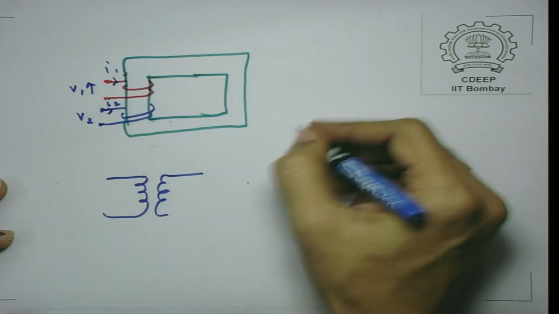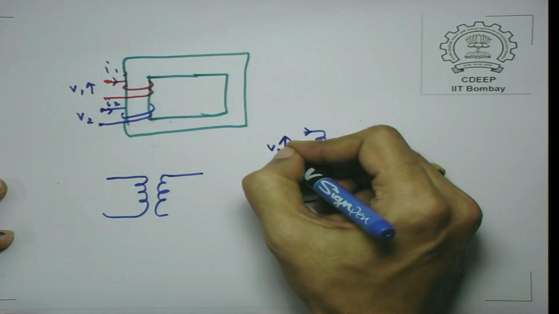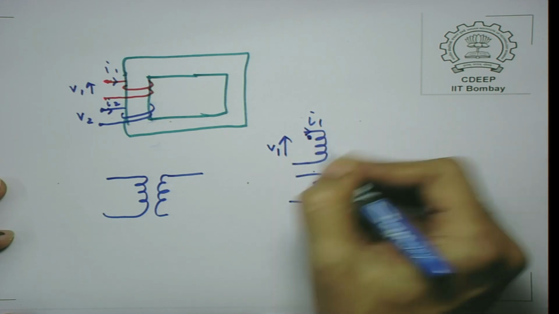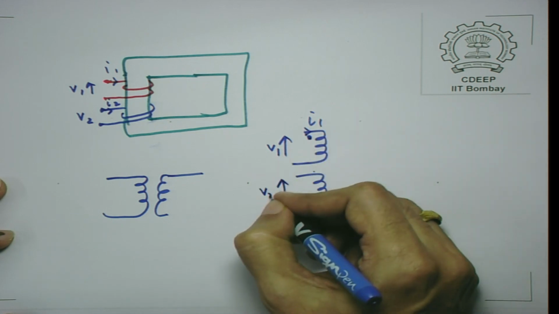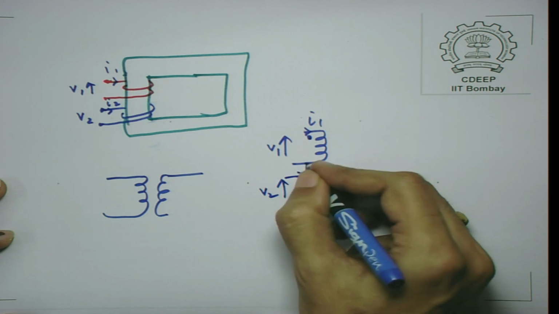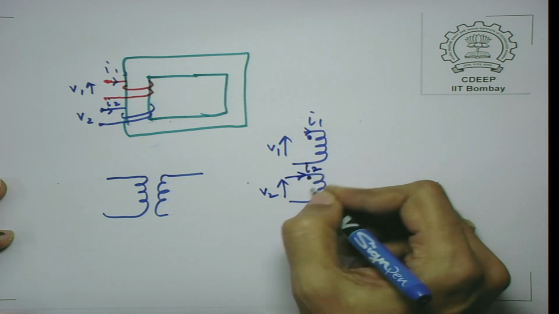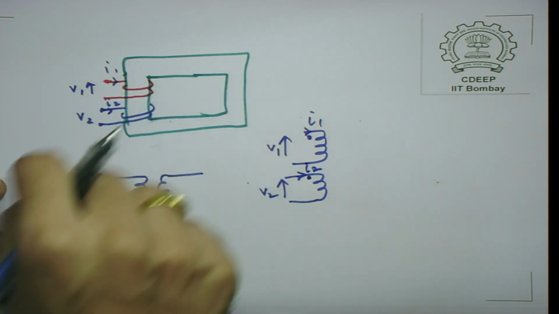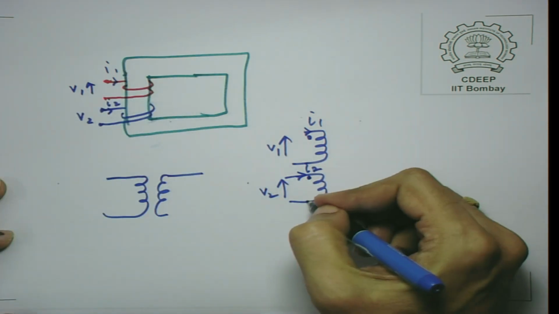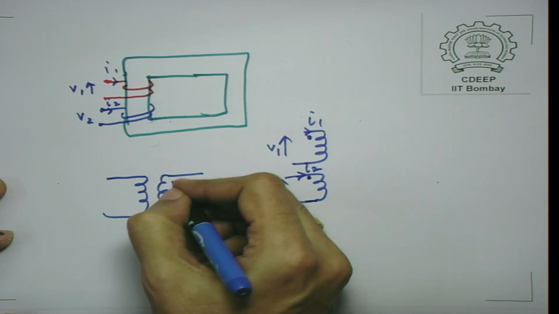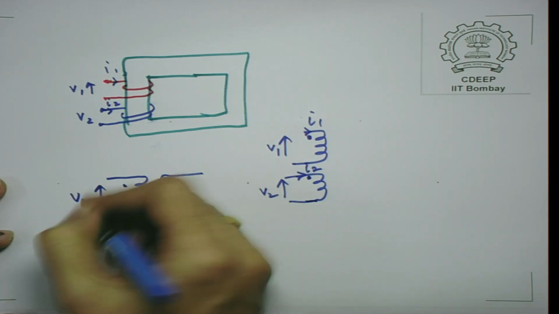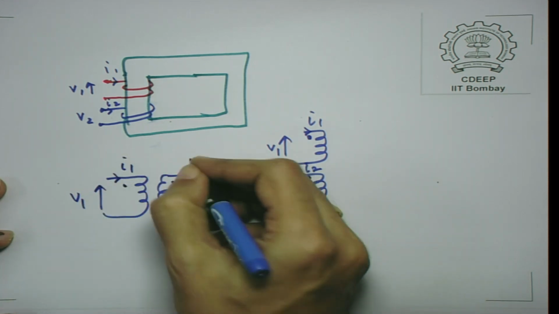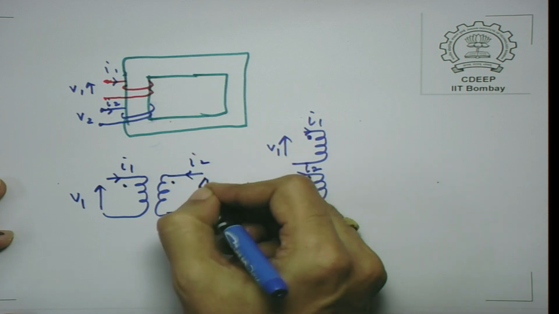This is coil number 1, this is V1, I1, this is the dot, V2. They are wound in the same sense, that is if you get them on the same limb, in that case they are wound in the same way. So, if you have got it in this fashion, you can redraw it like this, and this is V2.